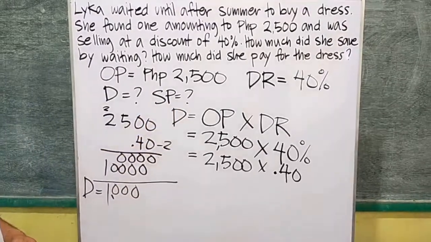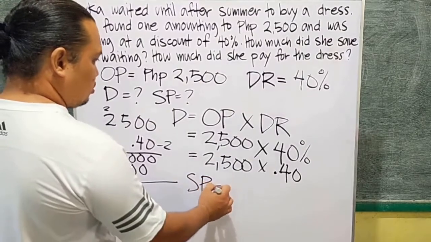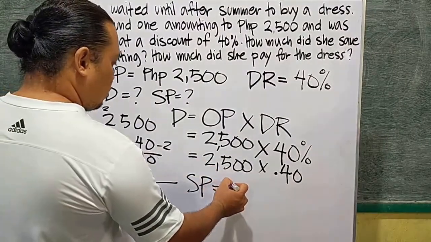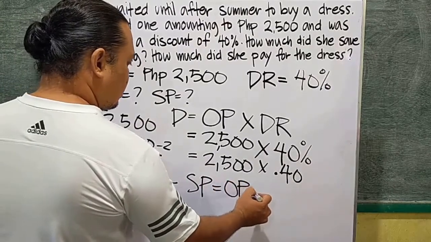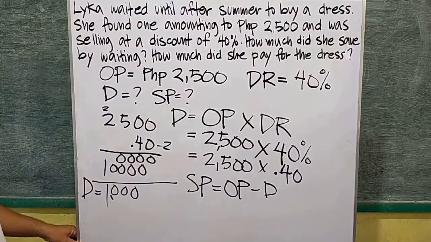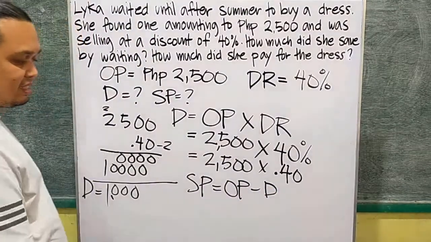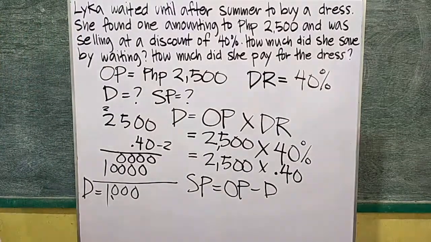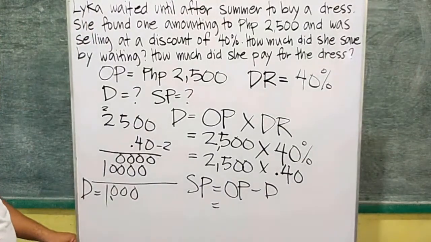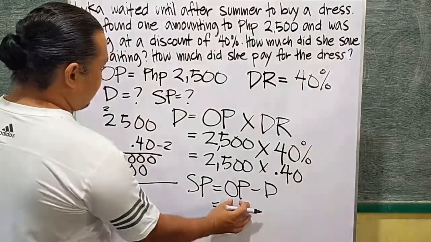Now, how much is the sale price? So let's get the sale price. For our formula, SP is equal to the original price minus the discount. That's the formula to get the sale price. Now, let's just substitute the given. What is our OP or original price?